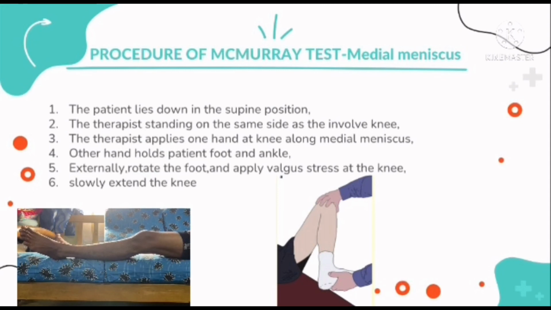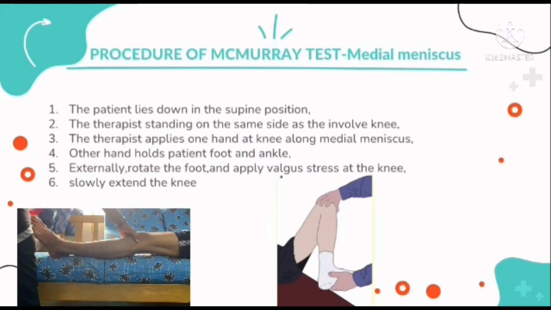Now is the procedure of the McMurray test for the medial meniscus. First, let your patient lie down in supine position. You stand on the same side as the involved knee. Apply one hand on your patient's knee.